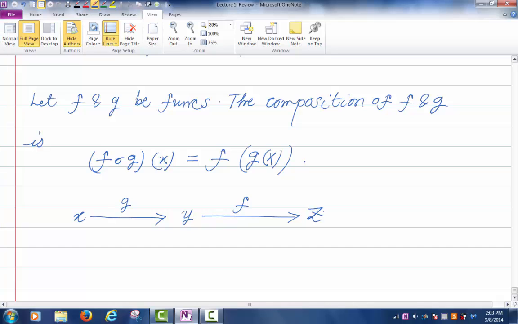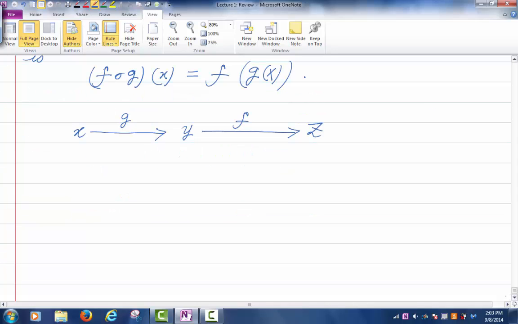So the composition function takes you from the domain of g into the range of f, in fact. So g takes x to y, f takes y to z, then the composition takes x all the way to z. Okay. Is everybody clear with that?